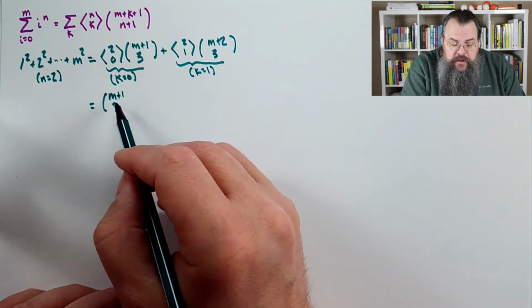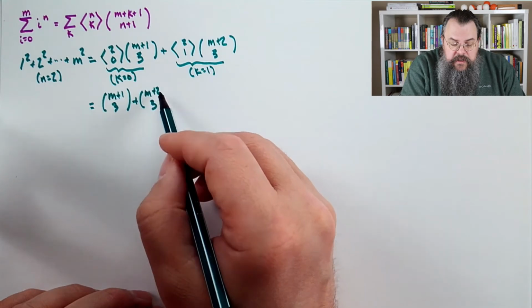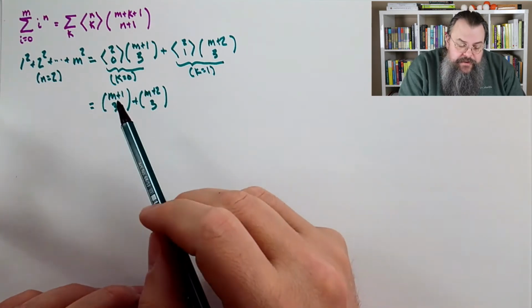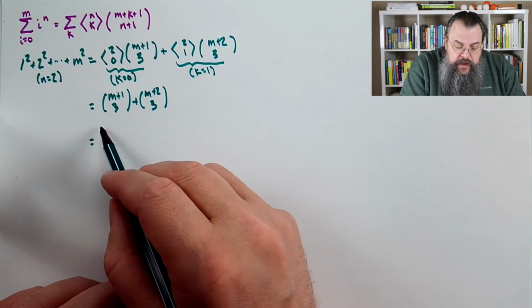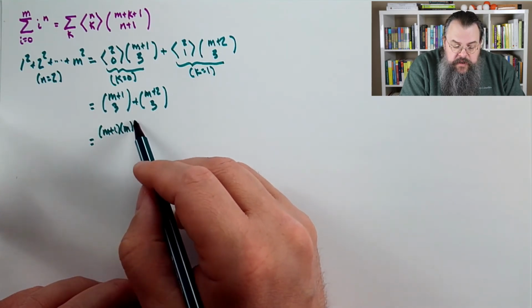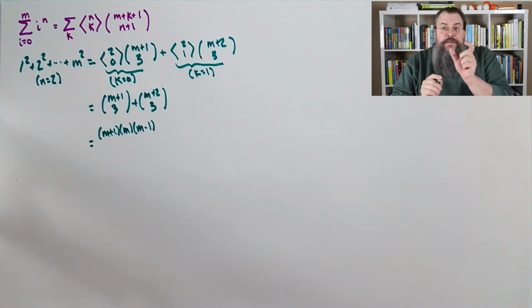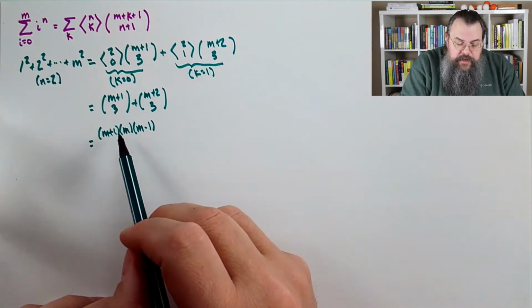All right, well, is that the answer? It turns out, yes, that is. But that's not normally the way you see it, so we're going to clean it up a little bit. What is m plus 1 choose 3? Well, it is m plus 1 times m times m minus 1, because the rule is you start with the first term, you're going to have 3 terms in the top, and you just go down by 1 in each step.